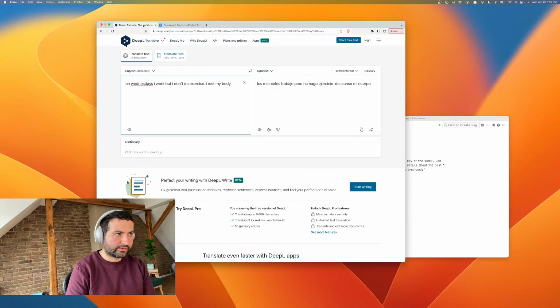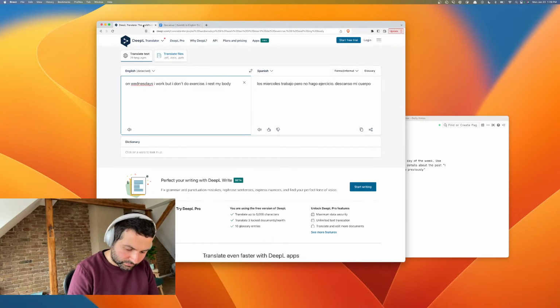Los miércoles trabajo, no hago ejercicio.